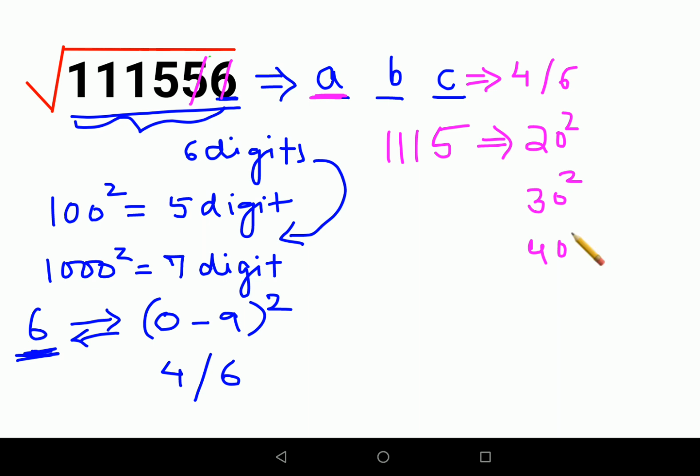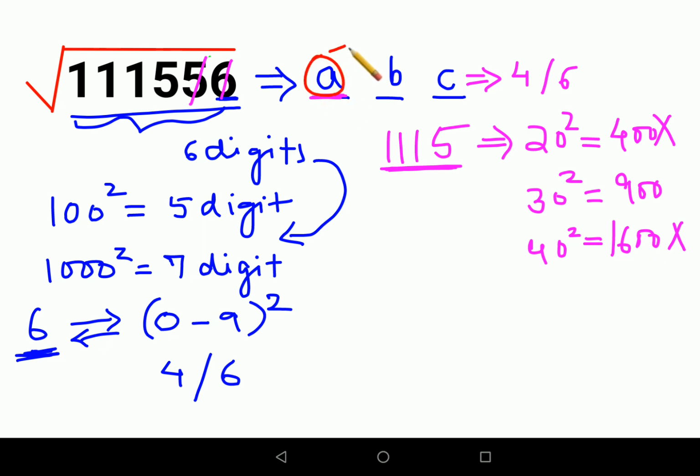The value has to be lesser than, but closest to, 1115. 20 squared is 400 and 30 squared is 900. Obviously 400 is gone because 900 is closer. 40 squared is 1600, which is also gone because it is greater than 1115. So by default, the value of A will be 3. The answer for our entire question will lie between 300 and 400.